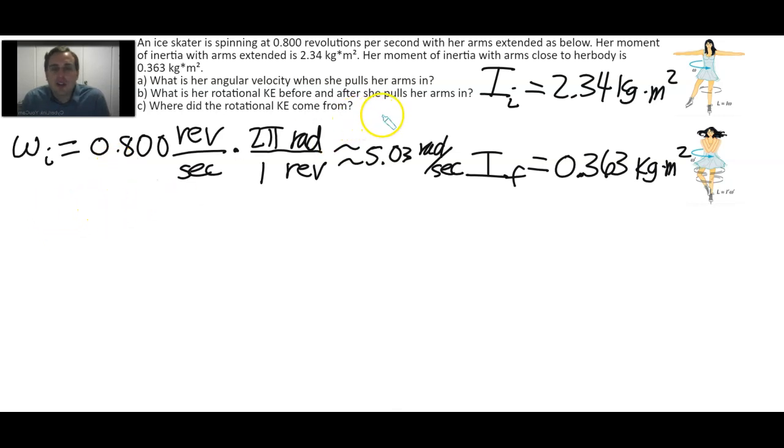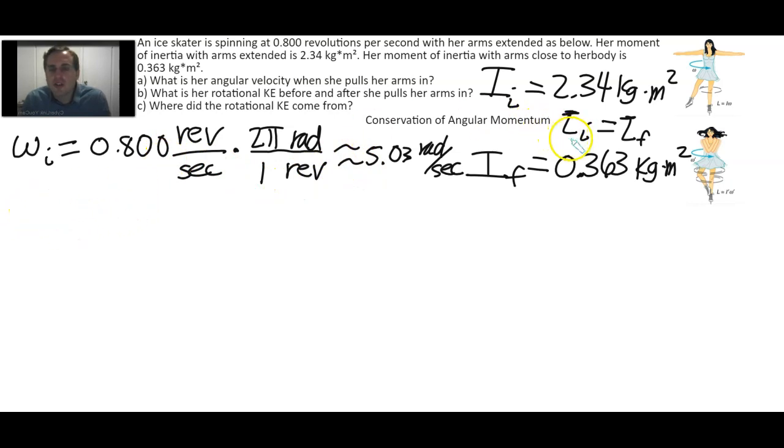Now again, let's use the conservation of angular momentum. Remember, the conservation of angular momentum comes from the fact that there are no external torques, there are only internal torques. So let's write down the conservation of angular momentum. That's L initial equals L final. By the way, this is not a length, it's angular momentum. You could give it a slightly different L symbol, but capital L is what's most typically used.